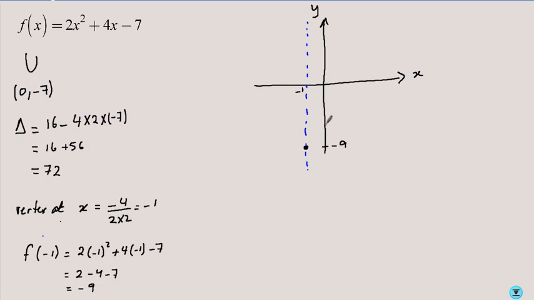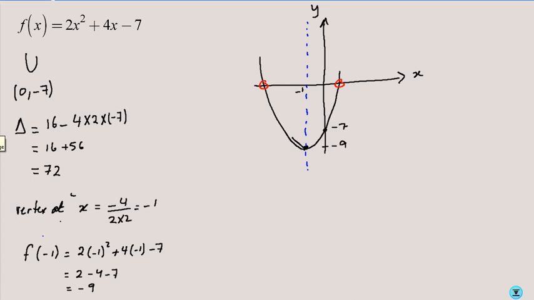The y-intercept is at negative 7. So we can sketch a parabola more or less like so. Now, what are the two roots? Here and here. If we're happy with this, that might be enough.